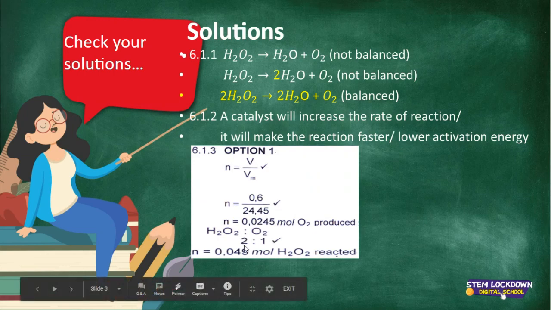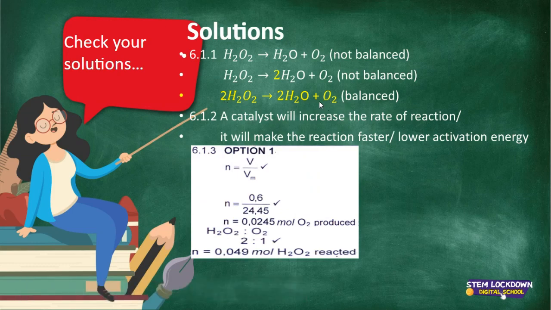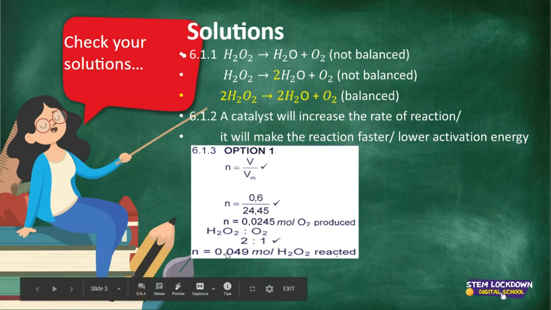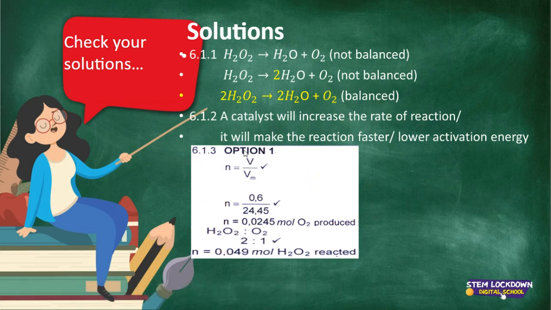Then to get the number of moles of hydrogen peroxide, you have to multiply whatever number you have of oxygen by 2, because you can see that they are in a ratio of 2:1. Hydrogen peroxide, 2 moles produce 1 mole of oxygen. So you have to multiply the number of moles of oxygen by 2.